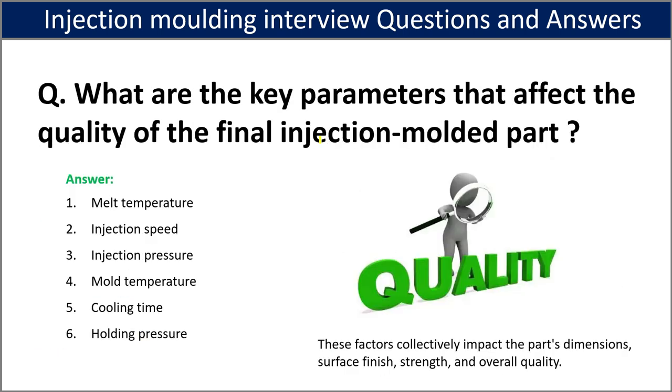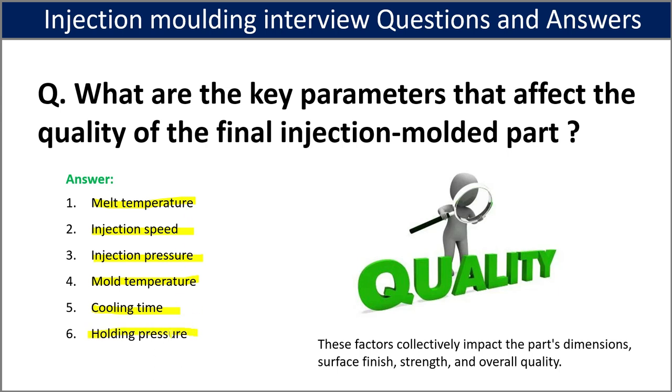Next question is, what are the key parameters that affect the quality of the final injection molded part? The quality is very important for any part. The key parameters are melting temperature of the material, injection speed, injection pressure, mold temperature, cooling time, and the holding pressure.